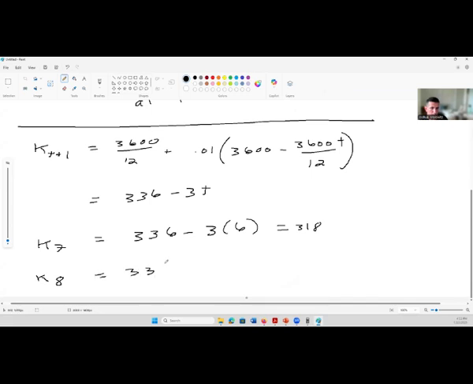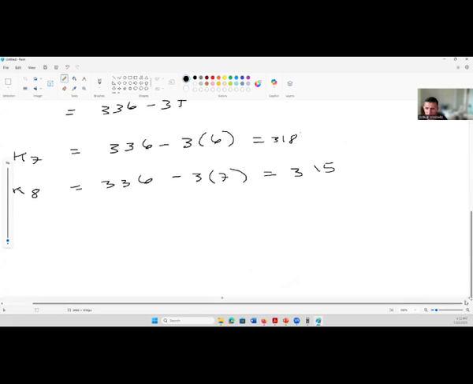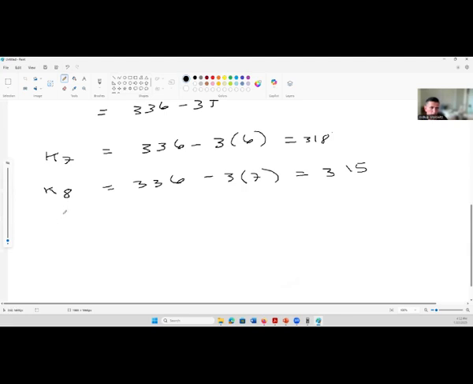K8, 336 minus 3 times 7, which is 315. Okay, yeah, so you really don't need K9, but if you want it, write it. But let's do the last one. K12 is 336 minus 3 times 11, and that is 30.